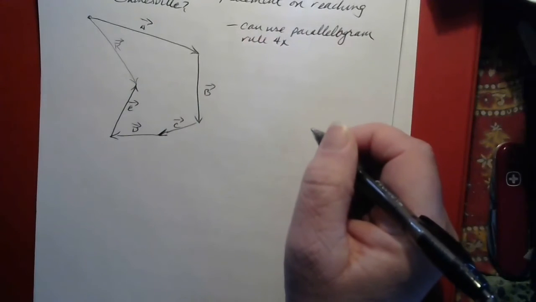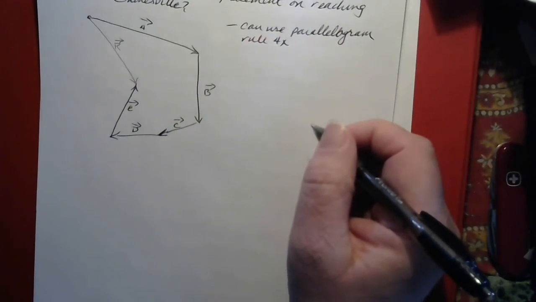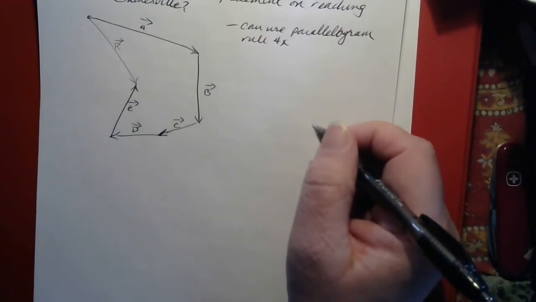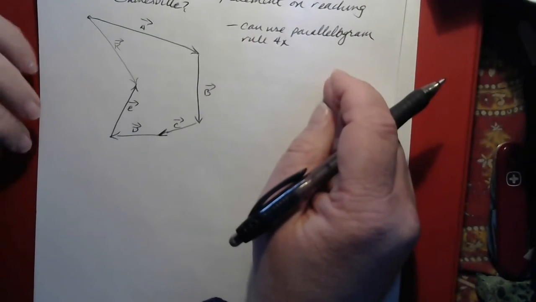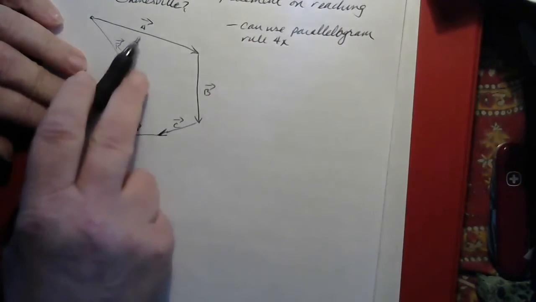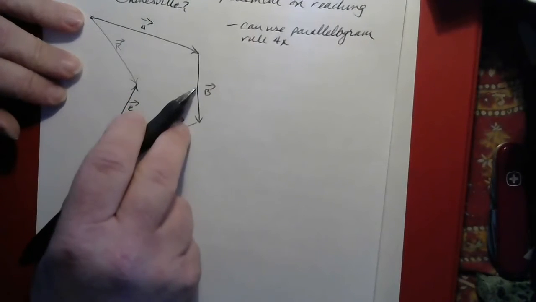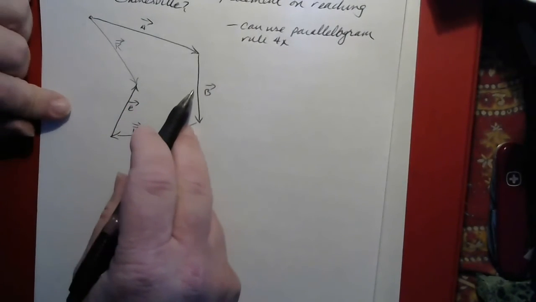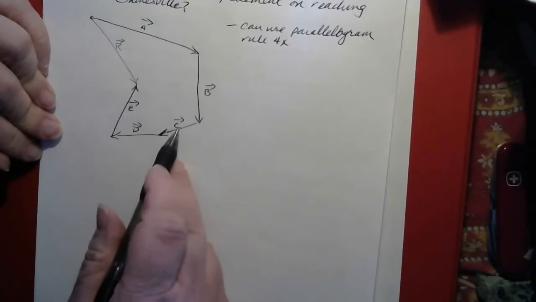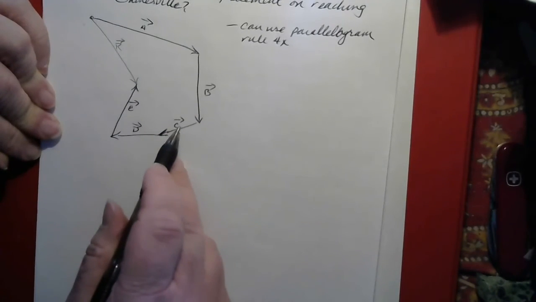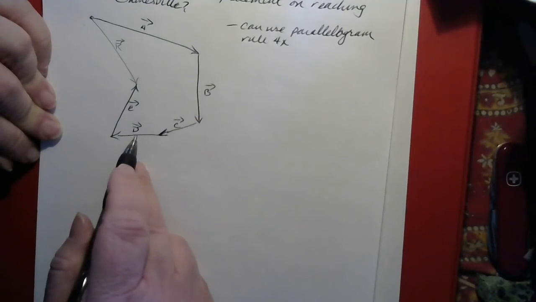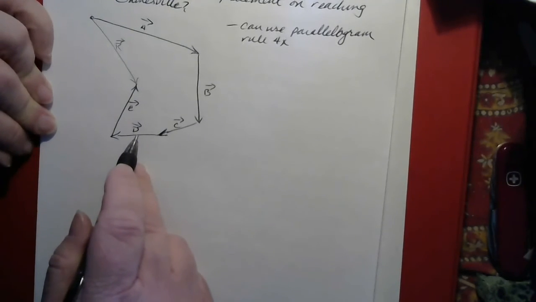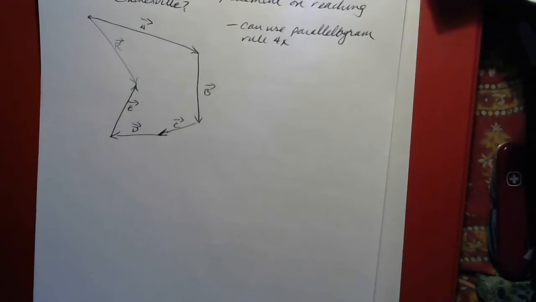And essentially, if you were drawing it freehand, or with the aid of rulers and protractors, you can do a couple of things. You can use the parallelogram rule 4 times. So use it for A and B, find that resultant, then find the resultant between the first resultant and C. Take that resultant and find the resultant between that and D, and then take that resultant and find the resultant with E, and you should be done.